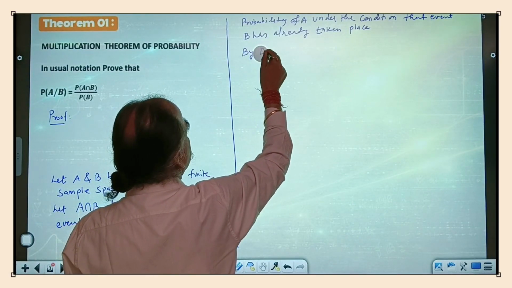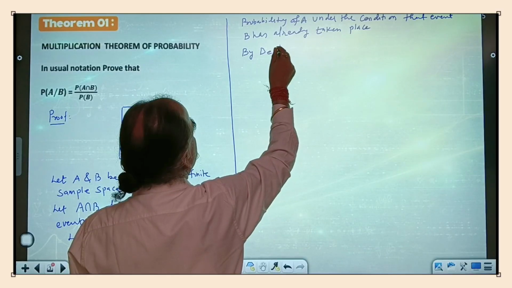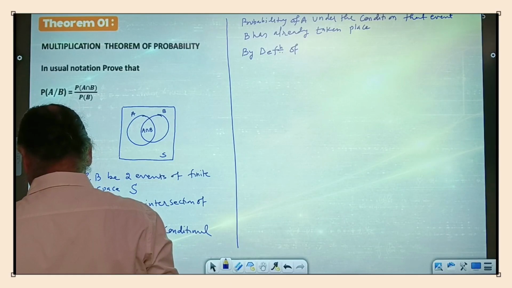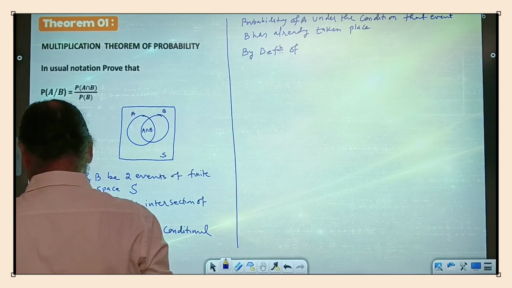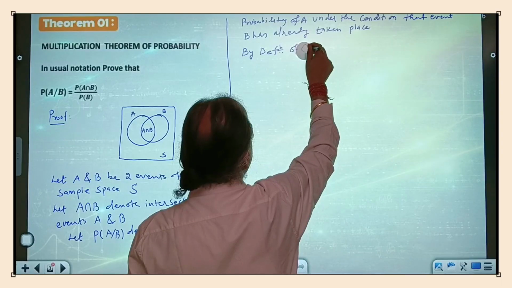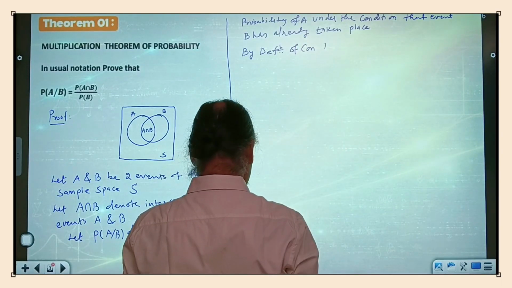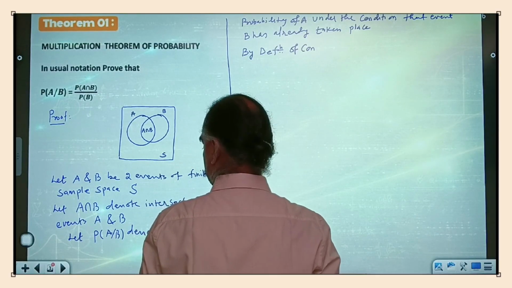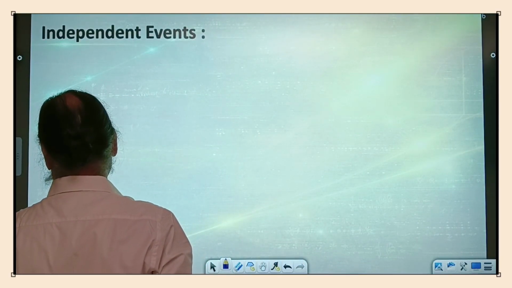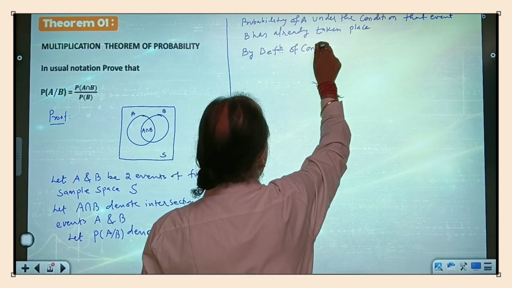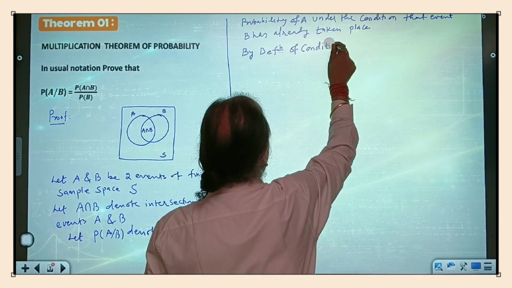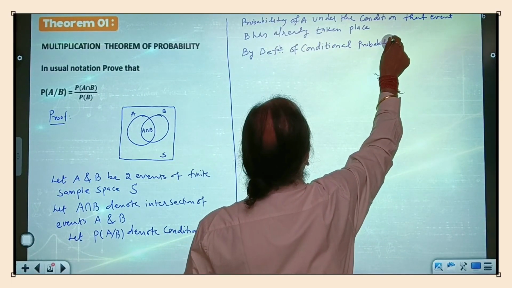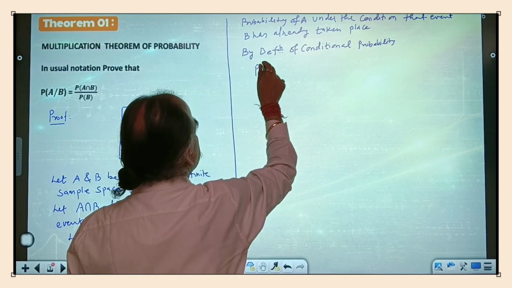By definition of conditional probability, P(A/B) is what?